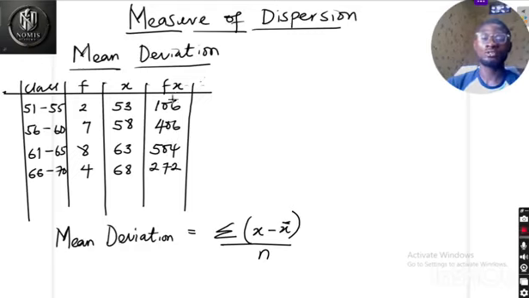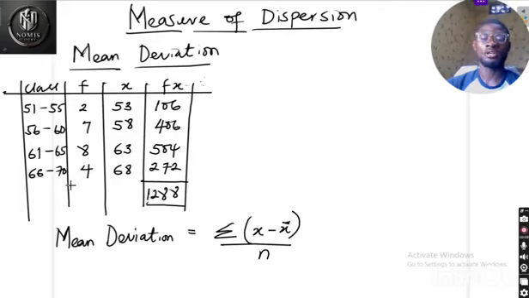So the summation of fx, we have to sum the fx all together, and that is 1288.